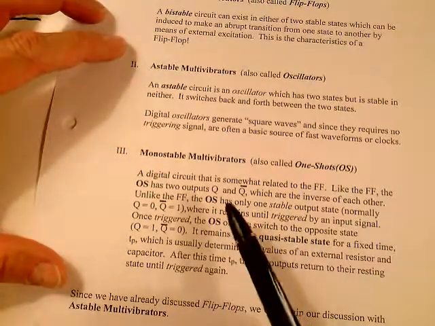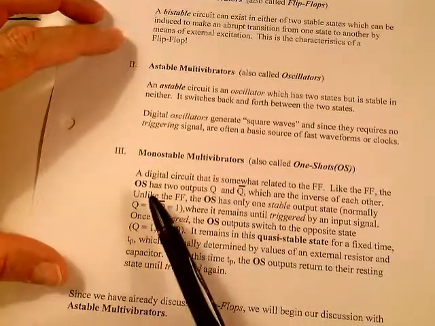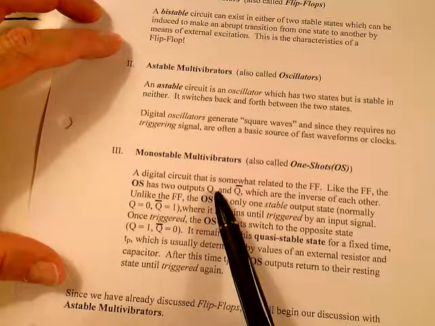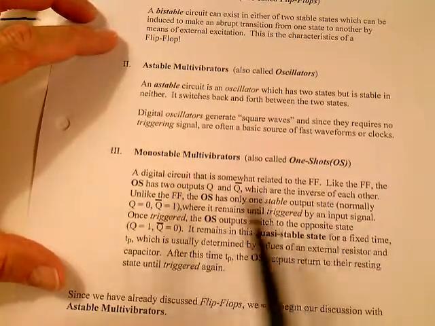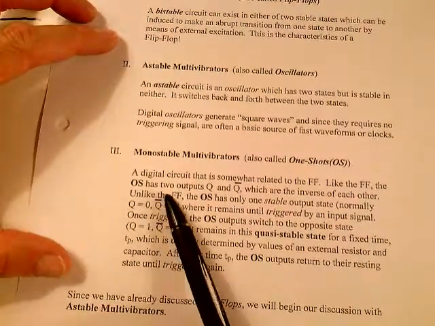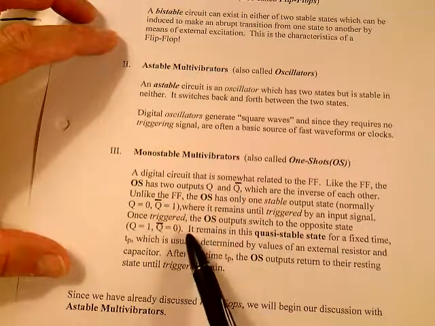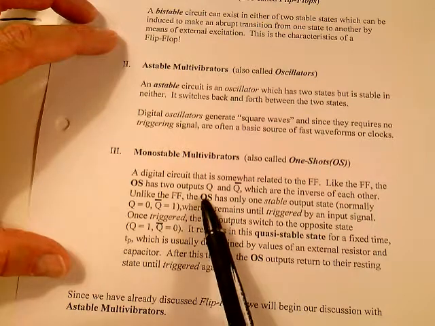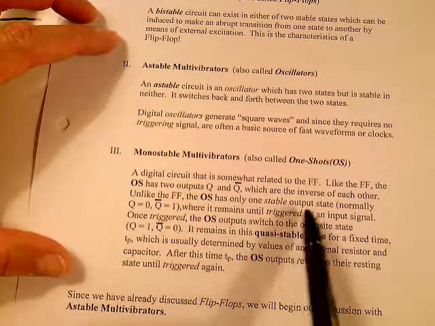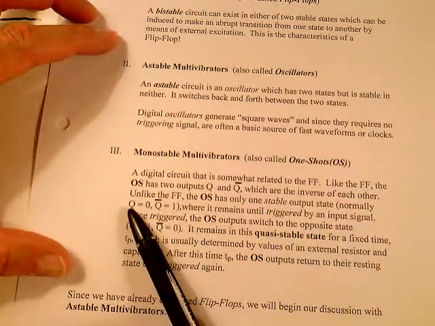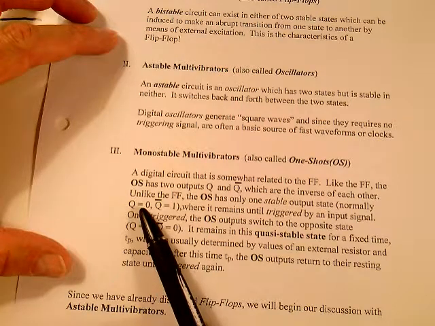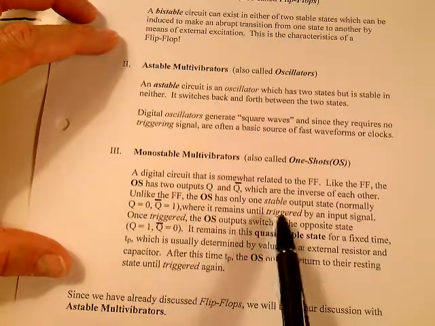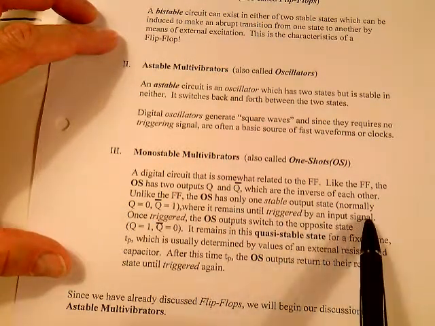Monostable multivibrators are a digital circuit that is somewhat related to the flip-flop. Like the flip-flop, the one-shot has two outputs, Q and Q bar, which are the inverse of each other. Unlike the flip-flop, the one-shot has only one stable output state, which is normally Q being 0, where it remains until a trigger is applied as an input signal.